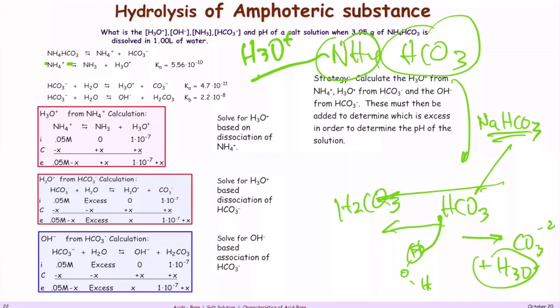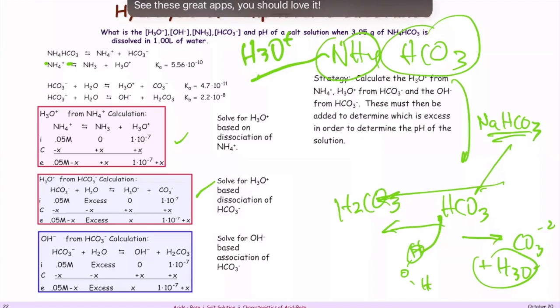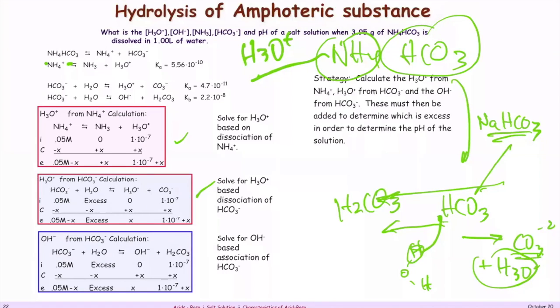Anyway, what I do here is I calculate the hydronium ion concentration from bicarbonate forming carbonate ion, and then I calculate the hydroxide ion concentration from bicarbonate forming hydroxide and carbonic acid.